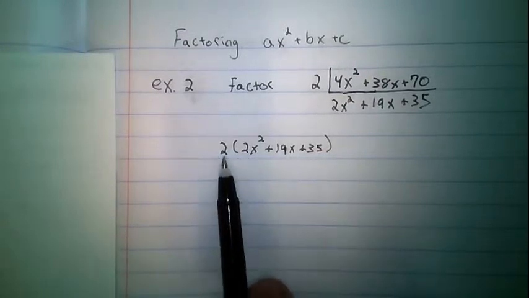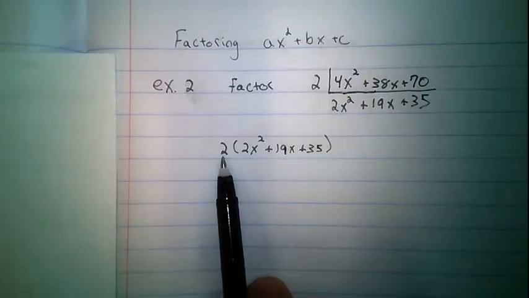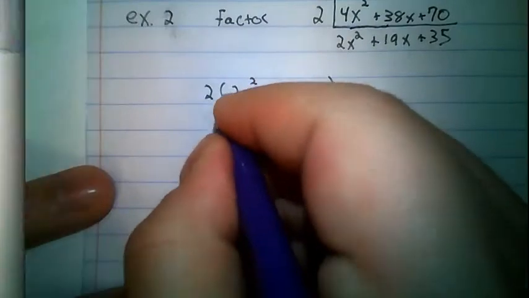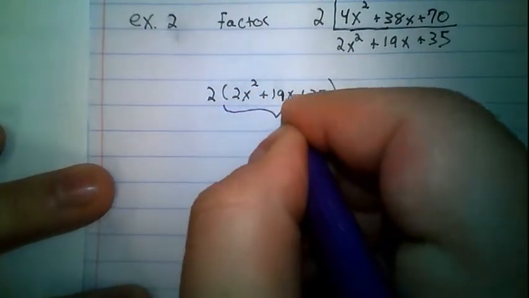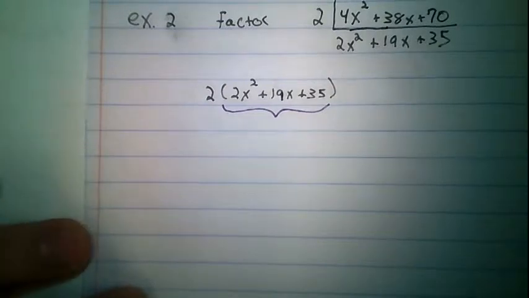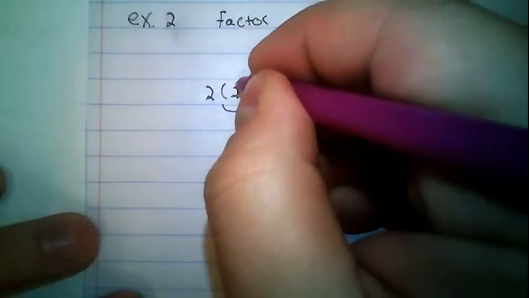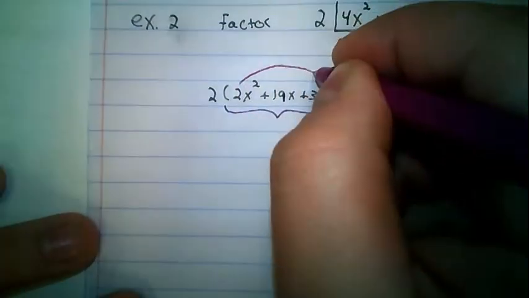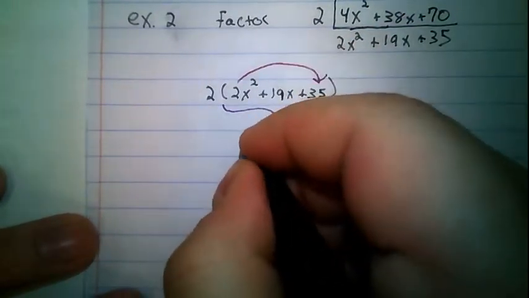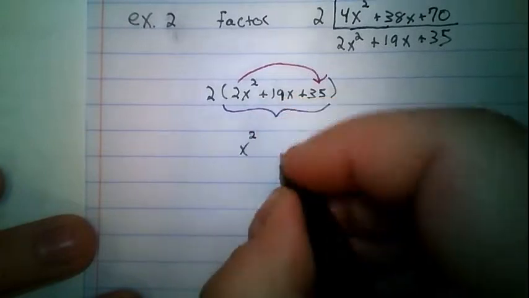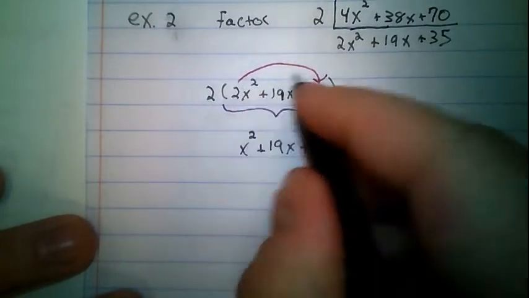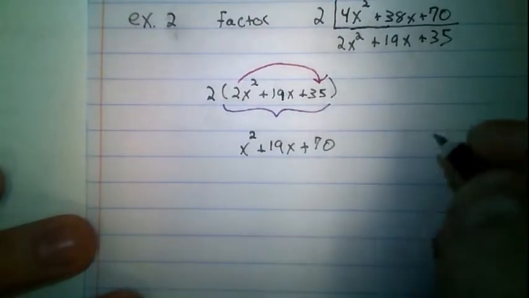But by taking out a greatest common factor first, it makes the numbers easier to work with. So I want to just factor this polynomial right here, this quadratic. So I'm going to slide the 2 over, and this becomes just x squared now plus 19x plus, and then 2 times 35 is 70.